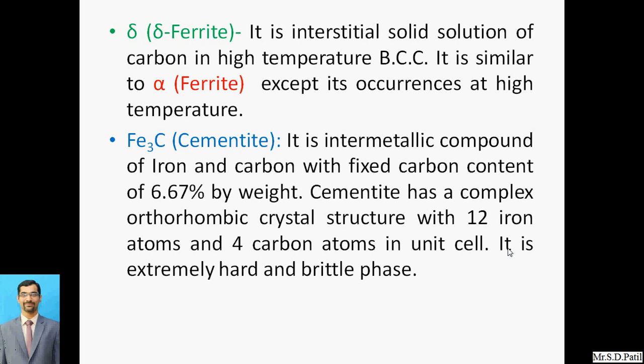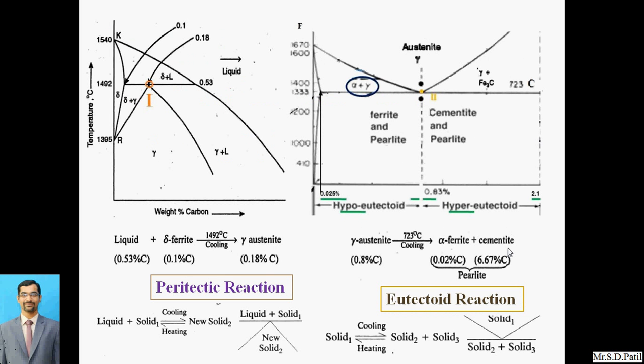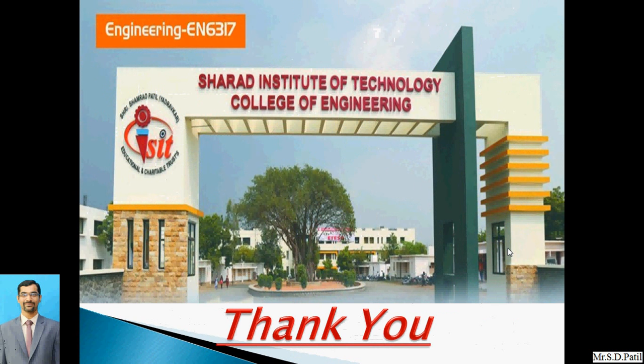So in the next lecture we will go through how to draw the Fe3C diagram and explain the different phases in detail. I think the basic part of the Fe3C diagram is clear to you now, and soon we will complete the next lecture, so you can understand how to draw the Fe3C diagram and what the detailed phases in it are. Thank you very much.